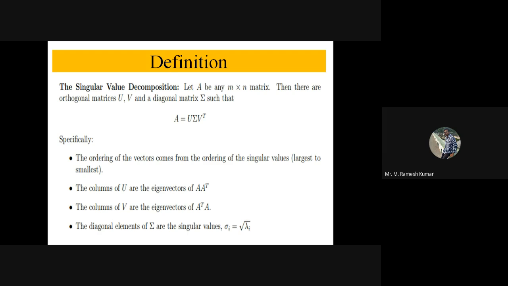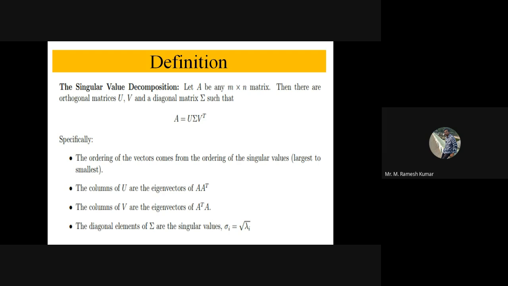So here, what is U? The columns of U are eigenvectors of A into A transpose. What about V? The columns of V are eigenvectors of A transpose A. So there is a lot of difference between A A transpose and A transpose A. Then what is sigma?